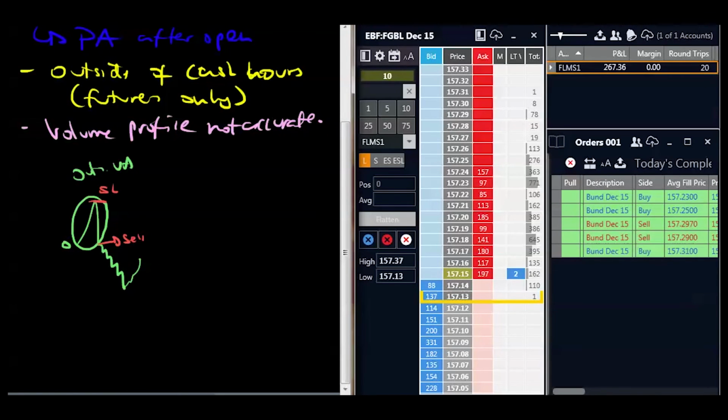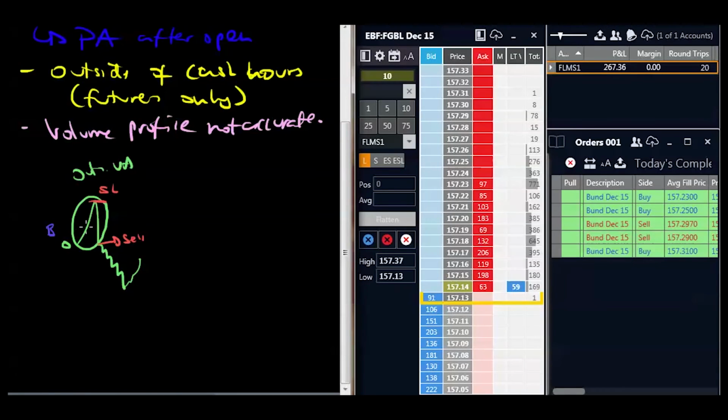There are traders, obviously, that trade it differently. You could also, unfortunately, I can't show this on the replay software because it won't register it, but you can actually buy the opening auction just before it opens, place your buy orders as high as possible so that you make sure you get filled, and then just offer the market on the way up so you can get out and potentially cut in reverse.